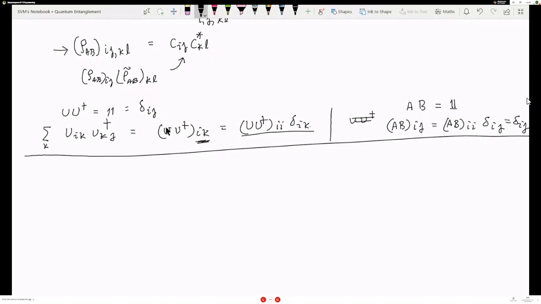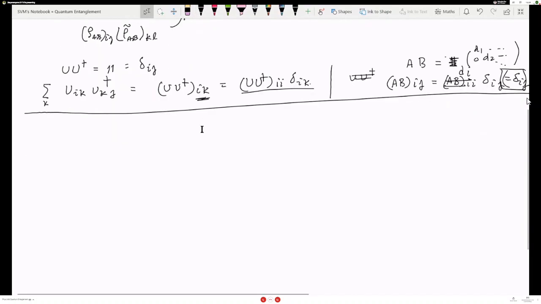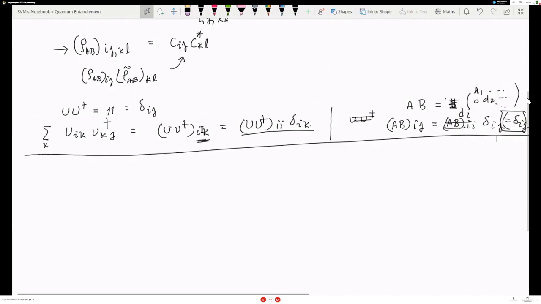But if it is diagonal, let's say with entries D1, D2, etc., then you will write D_I delta IJ instead, and it is not equal to delta IJ. It's just a notation, but this is the correct way to write it.